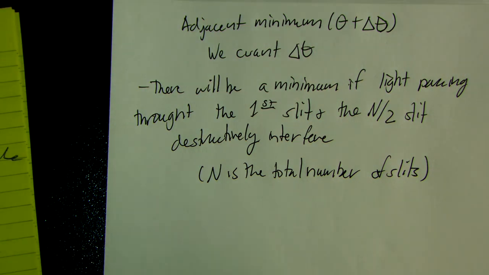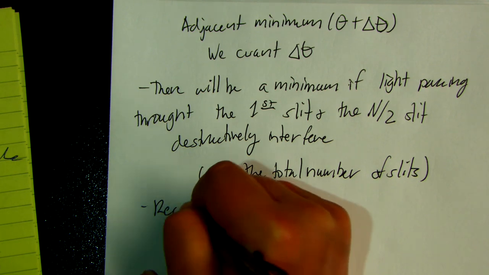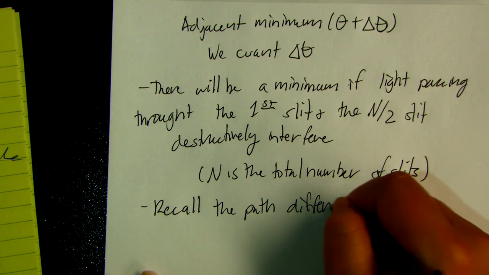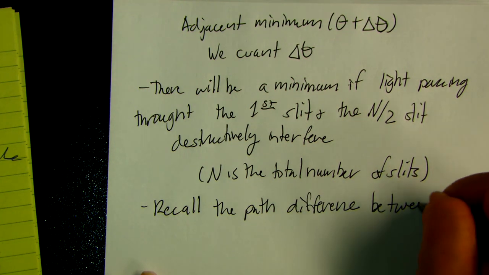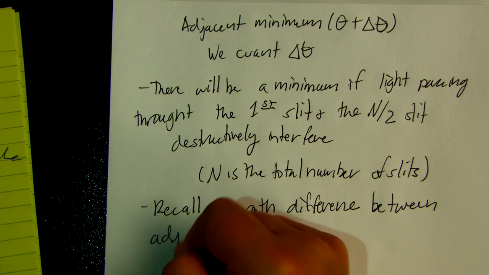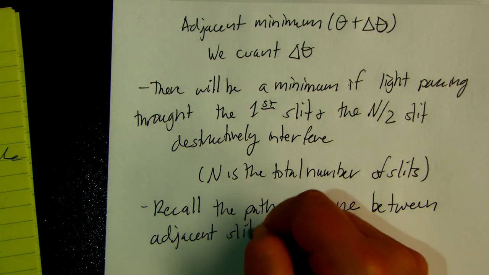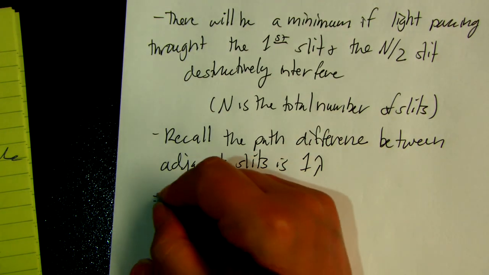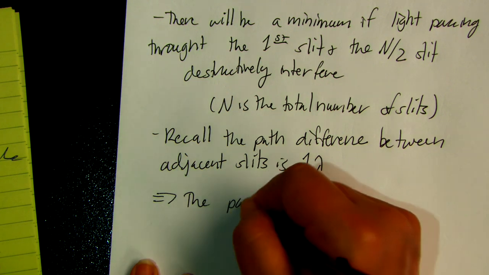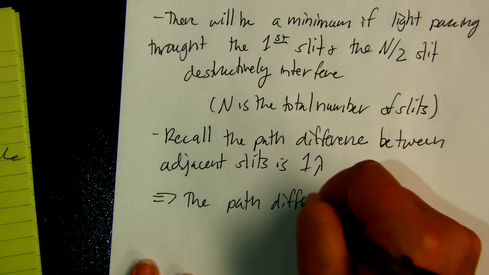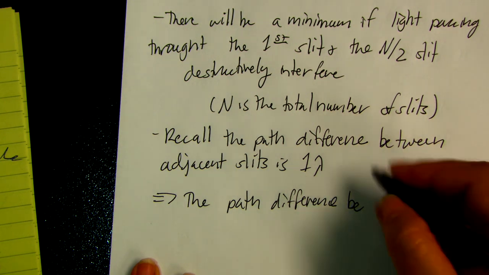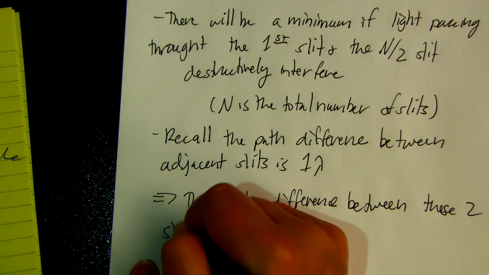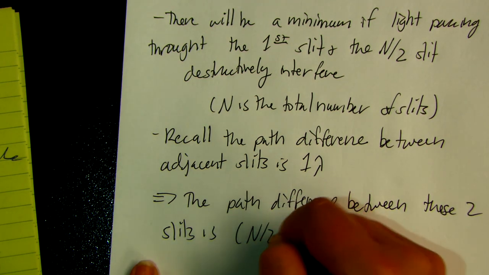Okay, and if you recall, the path difference between adjacent slits is 1 lambda, and so the path difference between these two slits is n over 2 lambda.